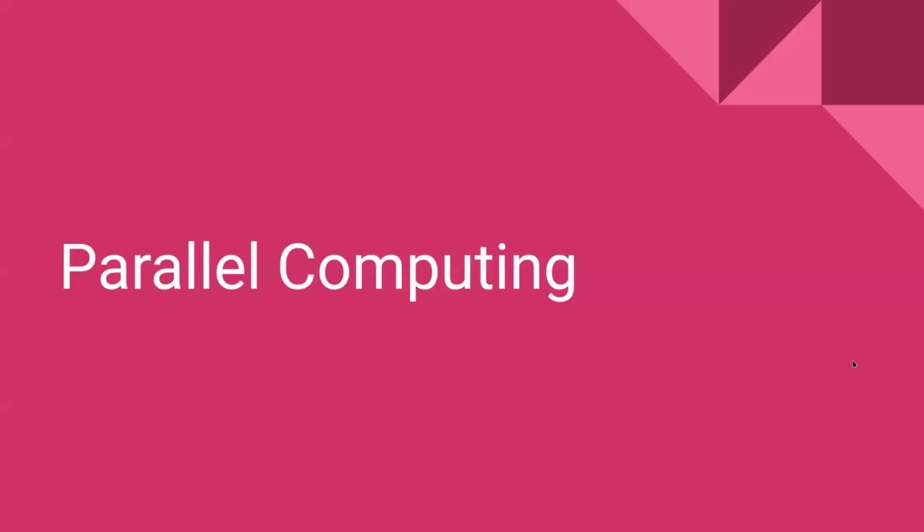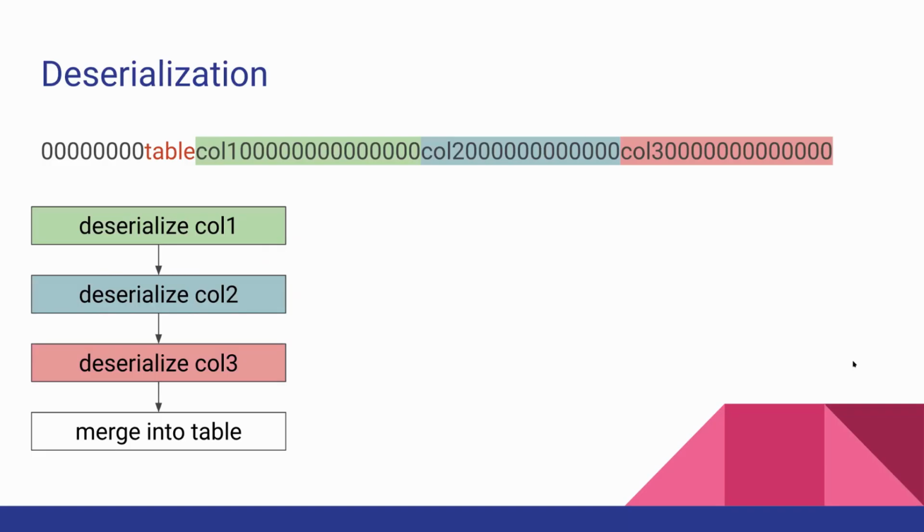So the keyword is parallel computing. I'm going to show you a bit about the deserialization happening in kola. This IPC message has a table and there are several columns in bytes. The usual way is to deserialize column 1, deserialize column 2, deserialize column 3, and then merge them into a table.